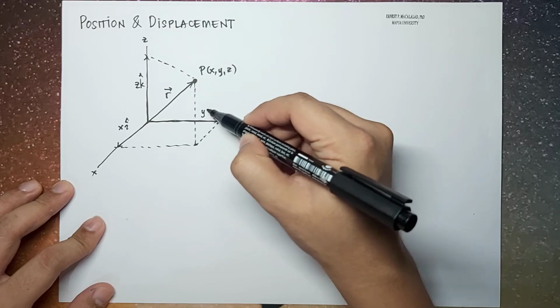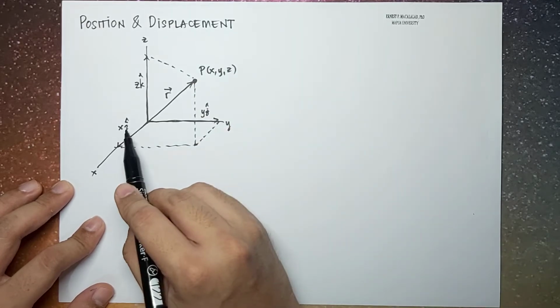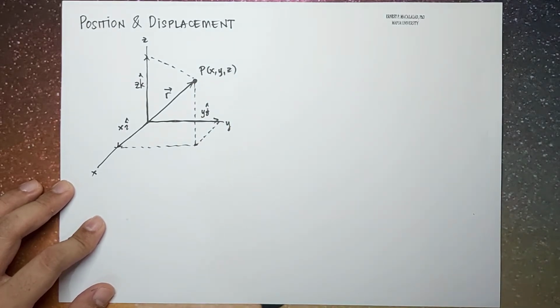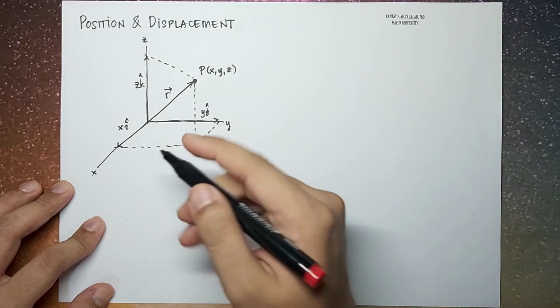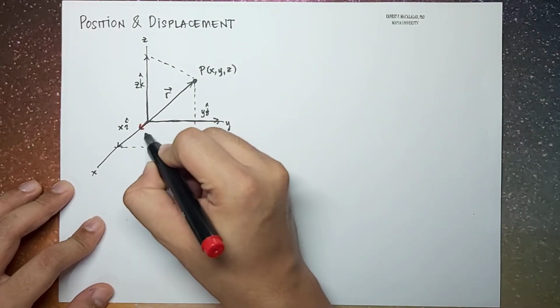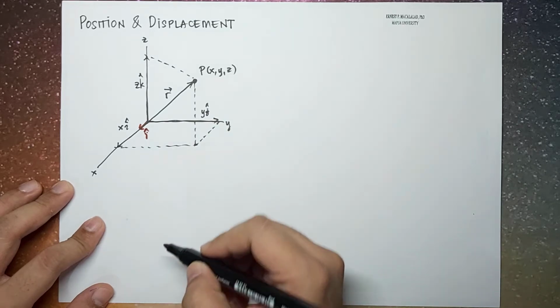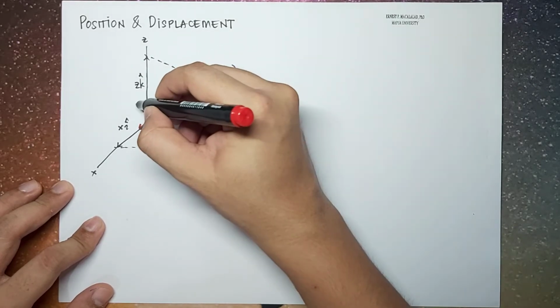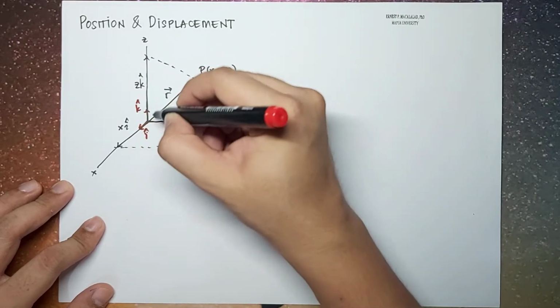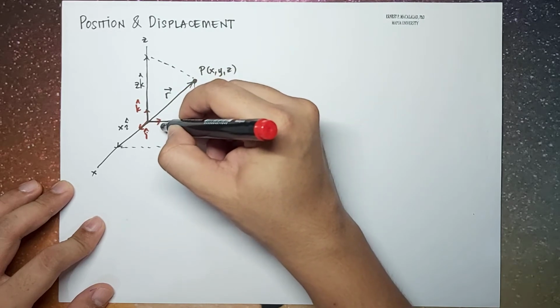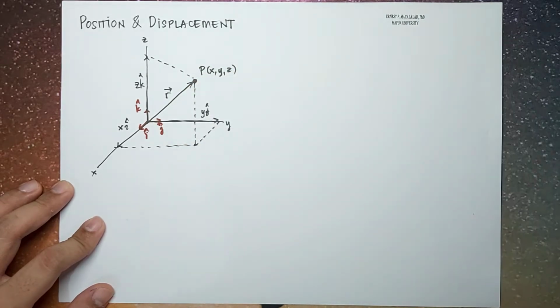So this is your y j hat and x i hat. Here we already set that this is your unit vector i hat, this is your unit vector k hat, and this is your unit vector j hat.